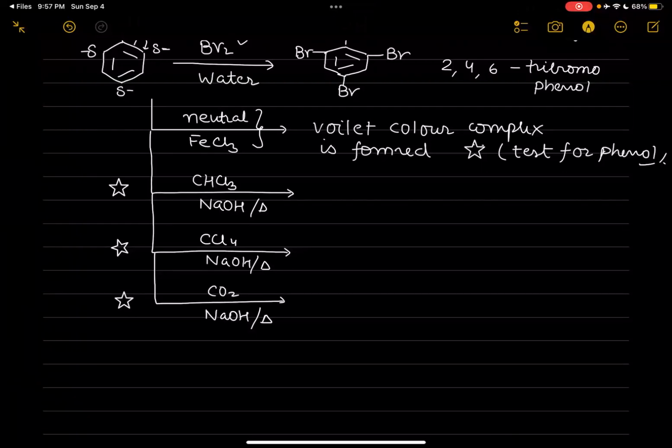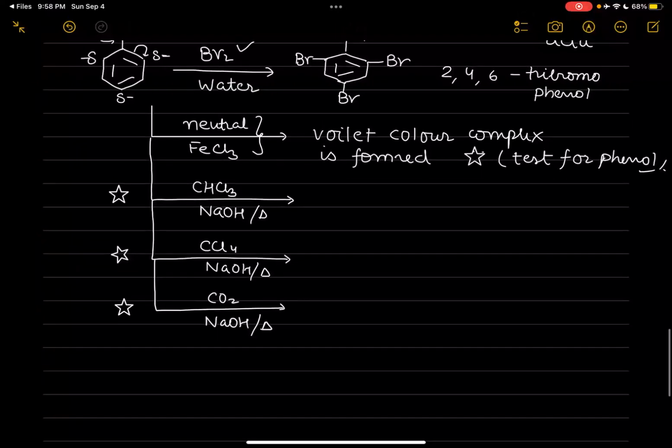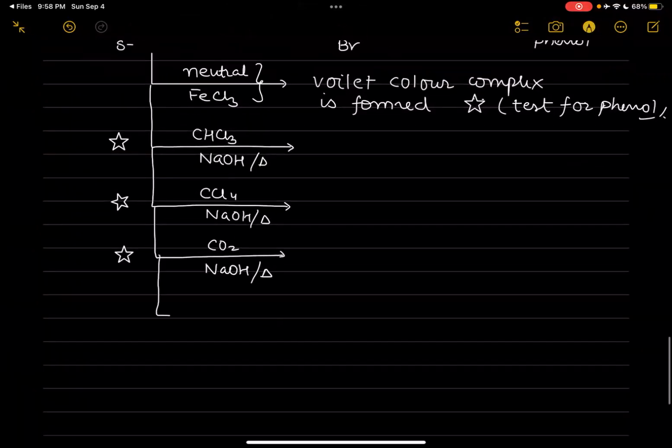Yeah, Darshan, tell me quickly. This acylation is different. Acylation is reaction with acetyl chloride, that is acylation.